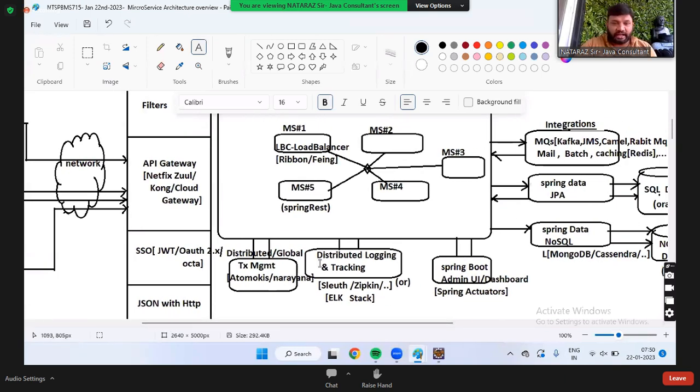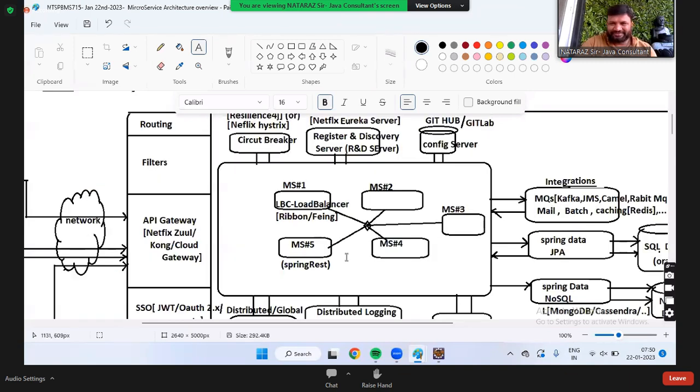Super. Okay, now listen carefully. How many microservices are there? Five are there, right? Every microservice has its own URL, and each microservice is one REST controller, right? So if any client wants to use any microservice, they need to remember a separate URL.